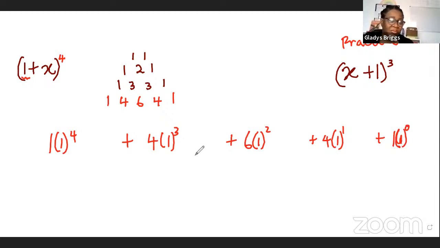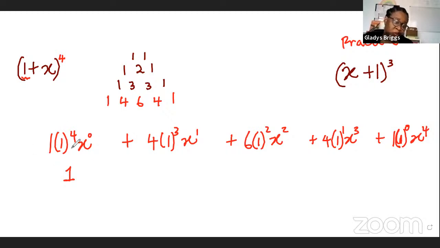Then we have the x term going up. So it's going to be x to the power of 0 plus x to the power of 1, x to the power of 2, x to the power of 3, and x to the power of 4. So on here, you would have 1. Everything will come to 1 because 1 to the power of 4 is 1 times 1 is 1. x to the power of 0 is 1.